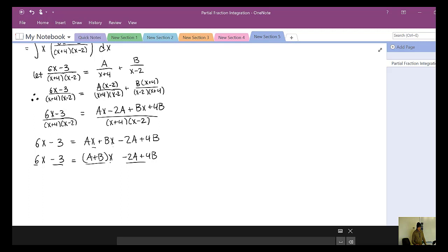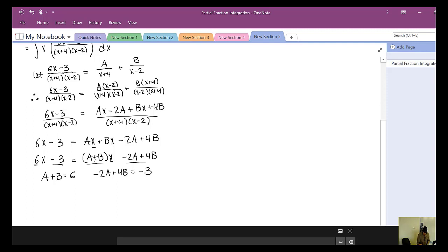So I can set this coefficient of the x term equal to that coefficient of the x term. So a plus b should equal 6, and negative 2a plus 4b has to equal negative 3.